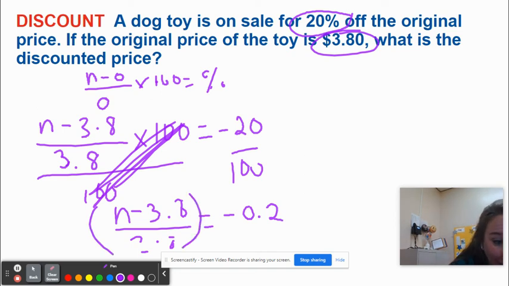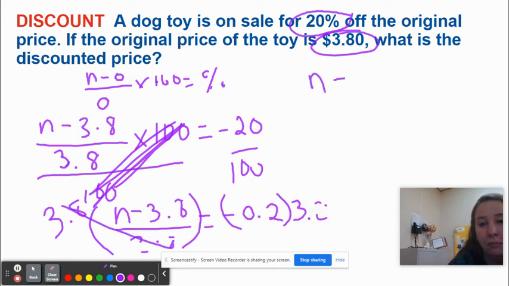Multiply both sides by the denominator of 3.8, and you are left with n minus 3.8 equals negative 0.2 times positive 3.8, which is negative 0.76.